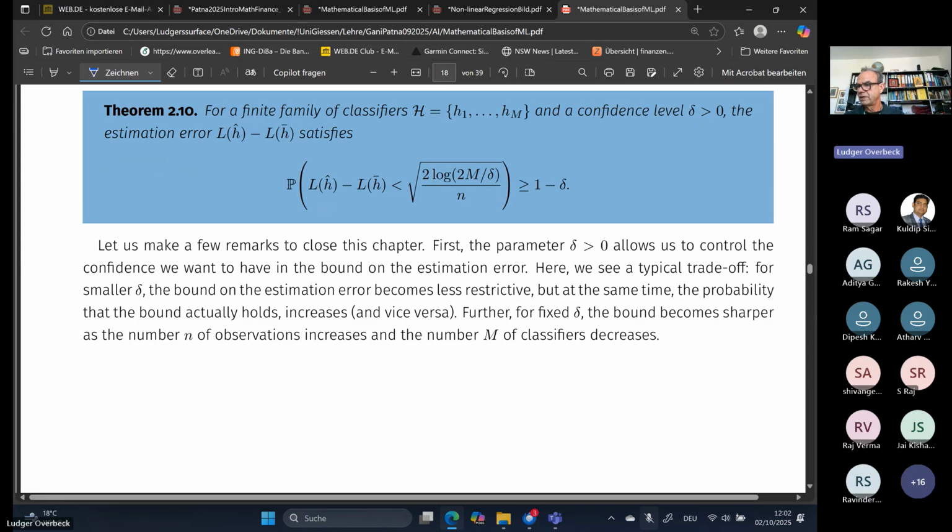And if we now take our best empirical one, and the best ground truth one, we have an inequality like this. Now that's always positive. H is our best empirical in this class, and this is the best.